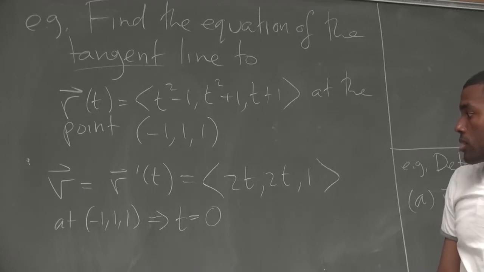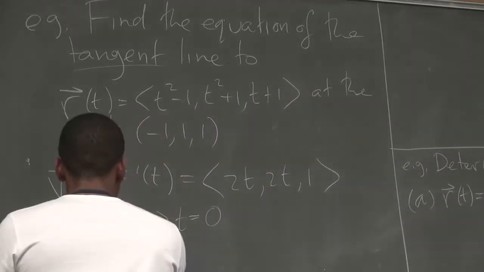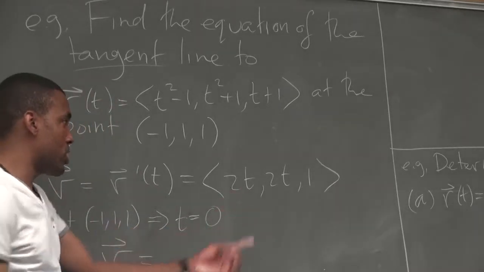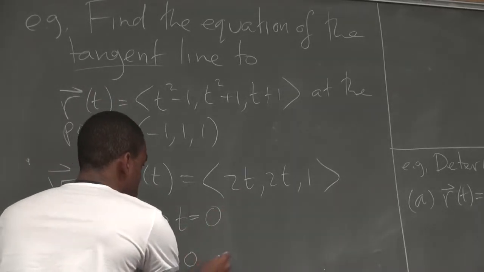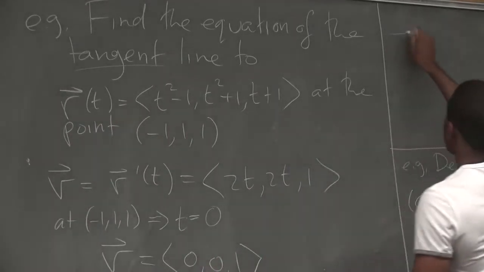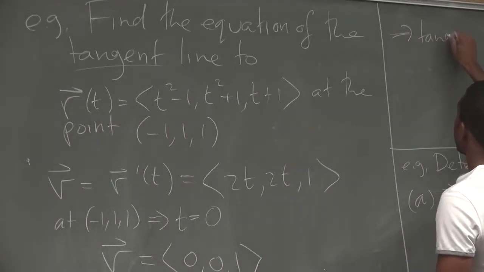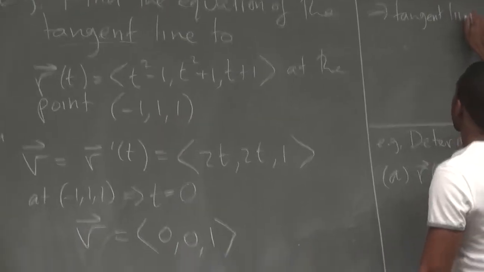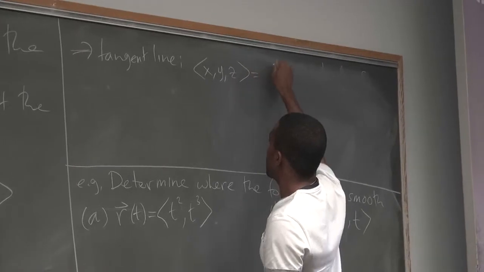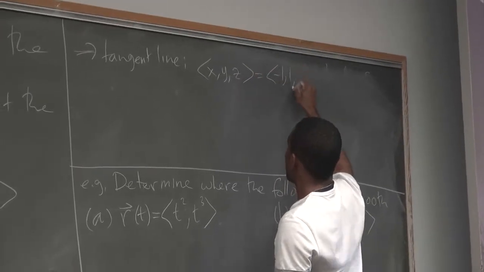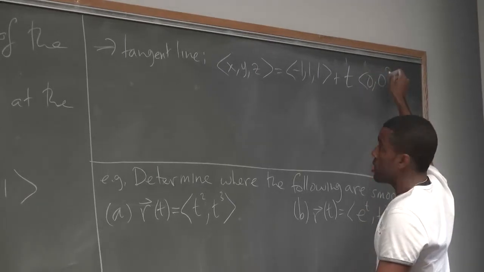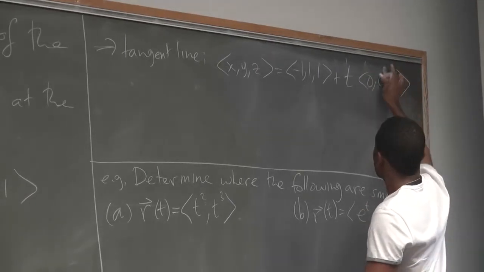So v here, plugging 0 into the derivative, is actually 0, 0, 1. This means the tangent line is x, y, z equals the point minus 1, 1, 1 plus t times the direction 0, 0, 1.